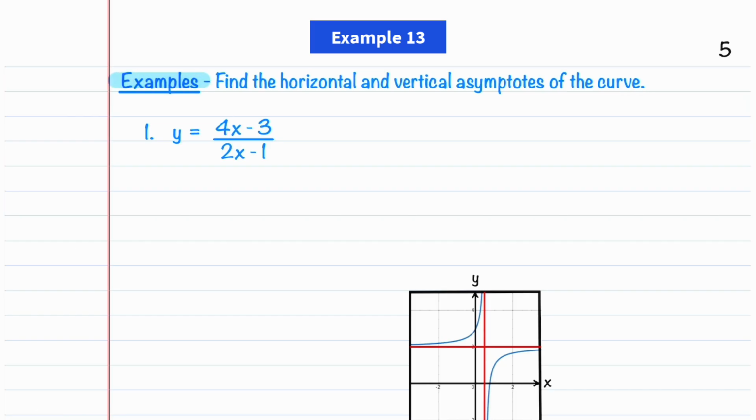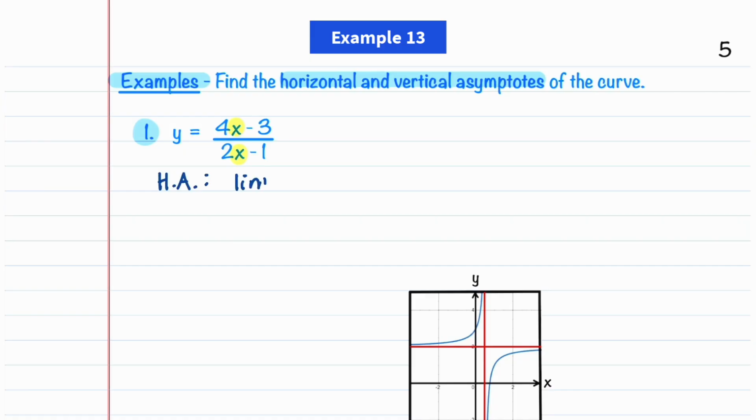Let's look at some examples where we are going to find the horizontal and vertical asymptotes of the curve. Our first curve is defined as y equals 4x minus 3 divided by 2x minus 1. Let's first find our horizontal asymptote. Since the power of x is the same in the numerator and the denominator, we can look at the limits as x goes to plus infinity and as x goes to minus infinity at the same time.